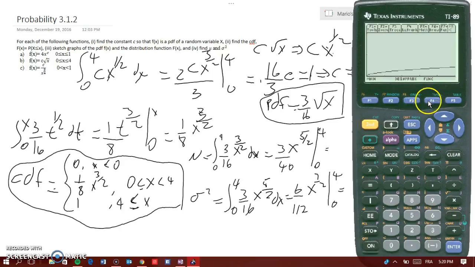Okay, so now I'll go to F5 and click on number 7 for integral, because it's from 0, right? So 0 as the lower limit and 4 as the upper limit, and click enter, and here is the graph, and that's how it would be actually. That's your graph right here.